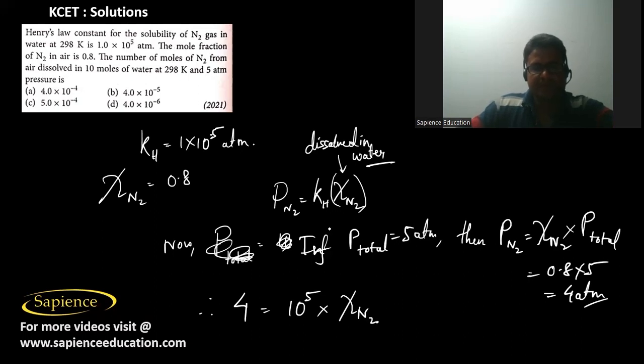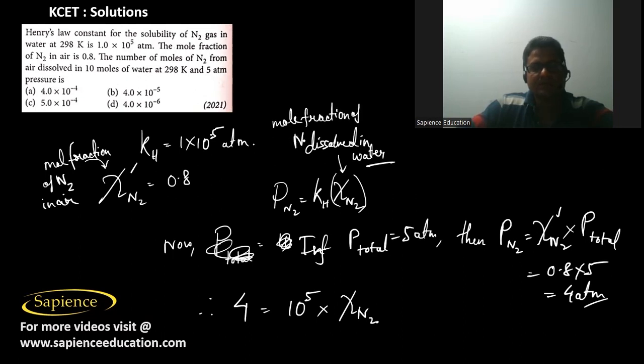Here we can call it chi N2 dash, since it is not the mole fraction of N2 in water, it is the mole fraction of nitrogen in air, and this one is the mole fraction of nitrogen that is dissolved in water.